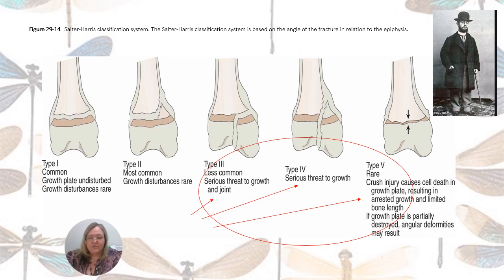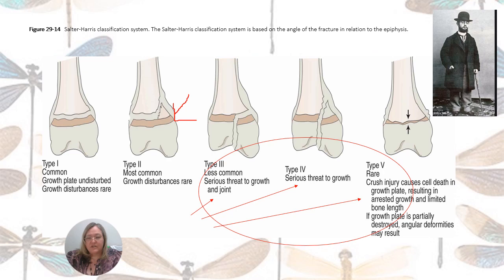In this type 2, you can see growth delays are rare. But with type 3, 4, and 5, there's a lot more risk of growth not only delay, but arrest of growth. These are less common, but a lot more frequent to have problems.